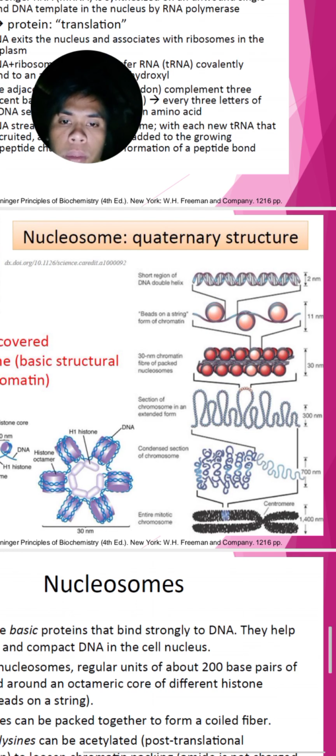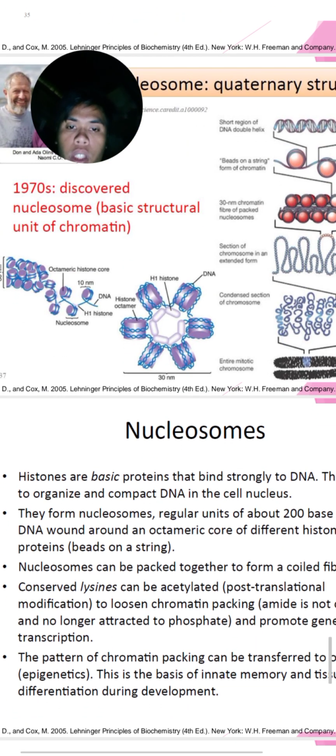The 30 nm chromatin fiber is made of packed nucleosomes. A 30 nm section of chromosome in an extended form, then a 30 nm condensed section of chromosome at 700 nm. The entire mitotic chromosome at the centromere is 1400 nm.